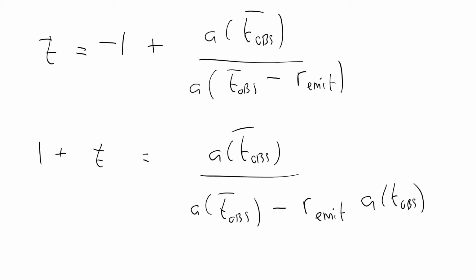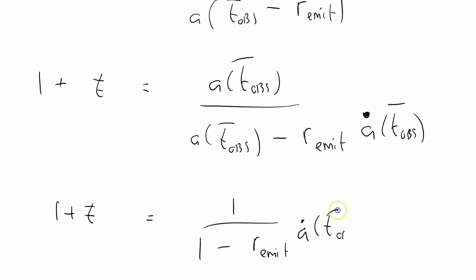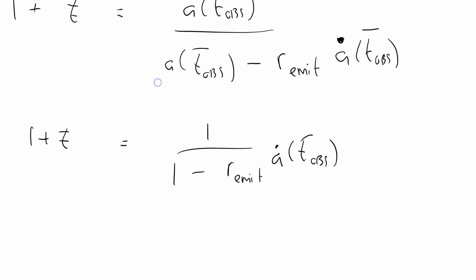What am I trying to say here? Sorry, that should be a dot, where a dot is differentiation with respect to conformal time. I know I'm labouring this point, but it's important to do it right, because it's very, very confusing. 1 over 1 minus r emit times a dot of t bar obs over a of t bar obs.